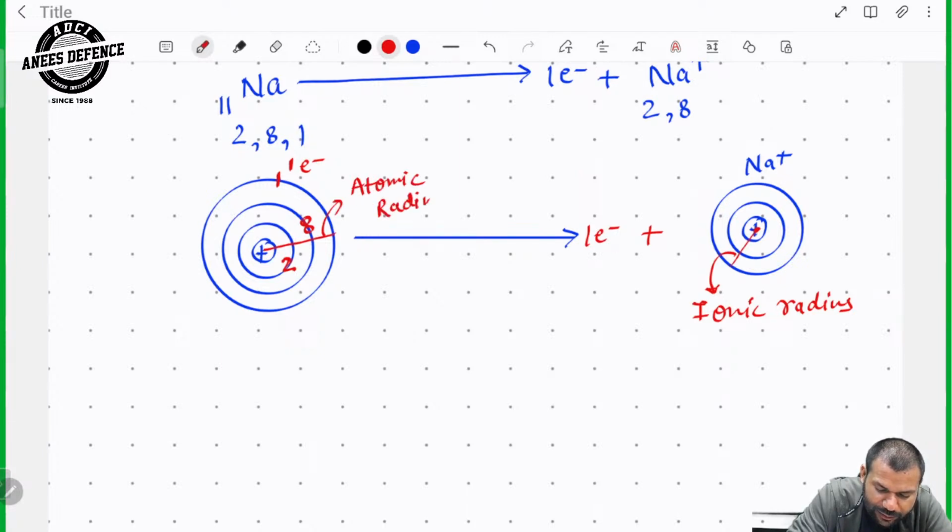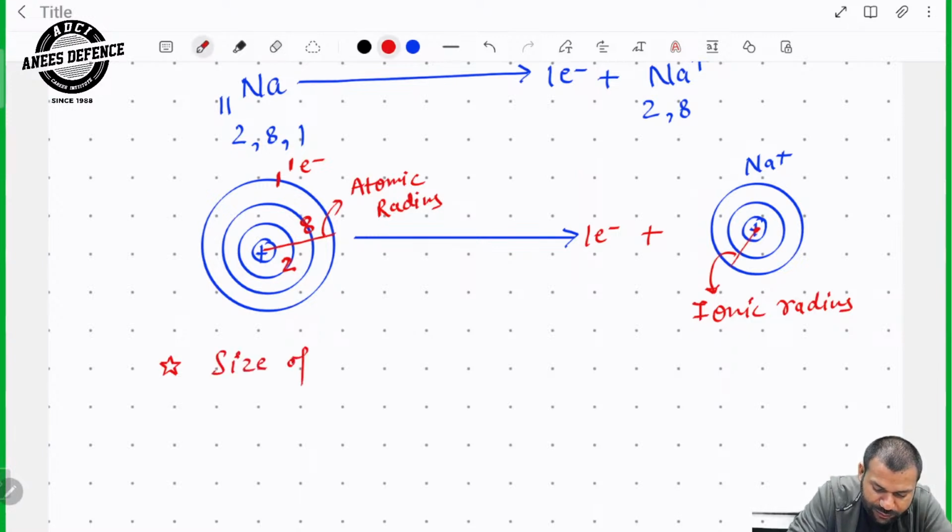Understood? This will be the atomic radius, this will be the ionic radius. So the most important point here is that positive ions are always smaller in size as compared to their parent atoms, right?